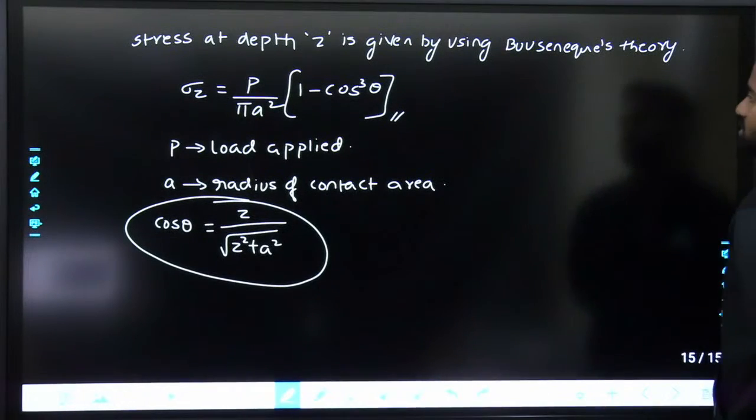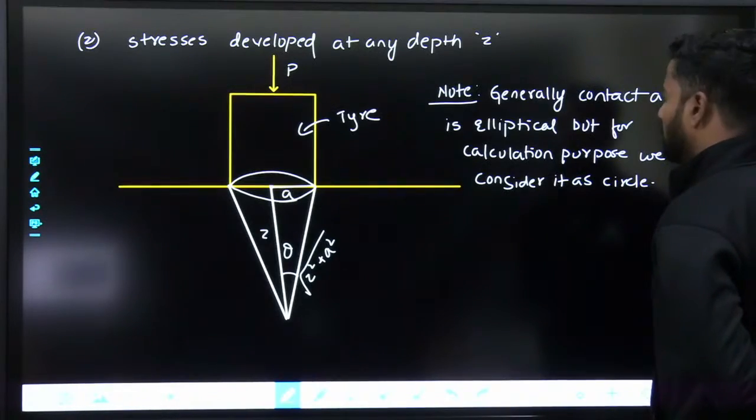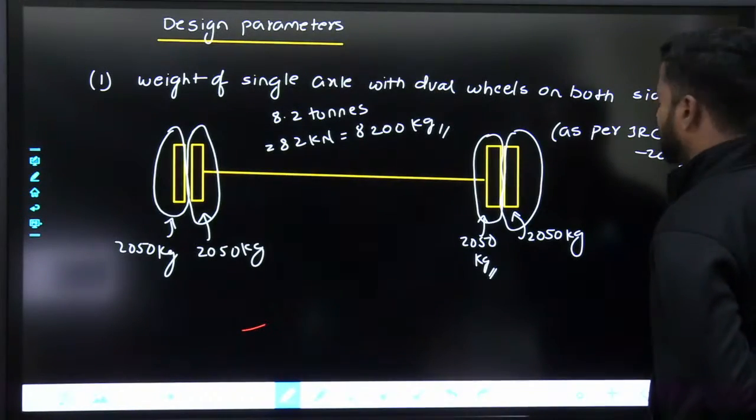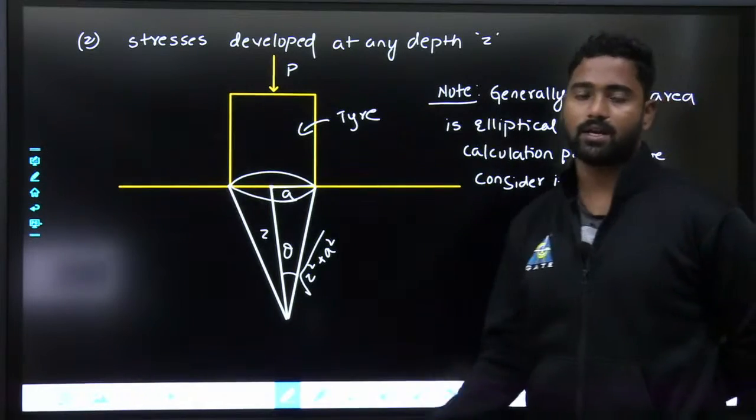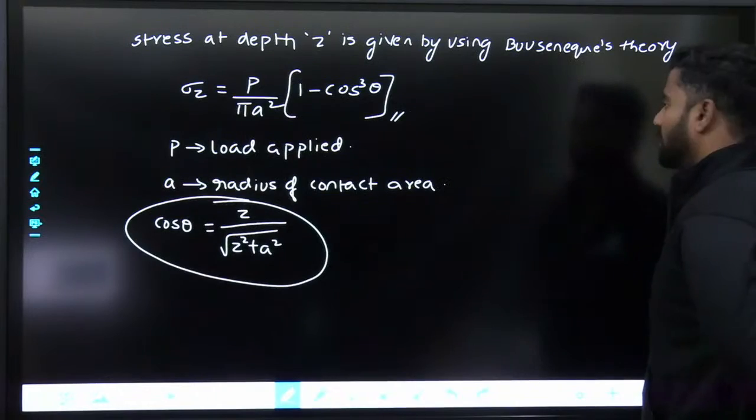So this is cos theta and all those things. Stresses at any depth Z, A is the area, and second design parameter is stress at any depth Z, calculated something like this.